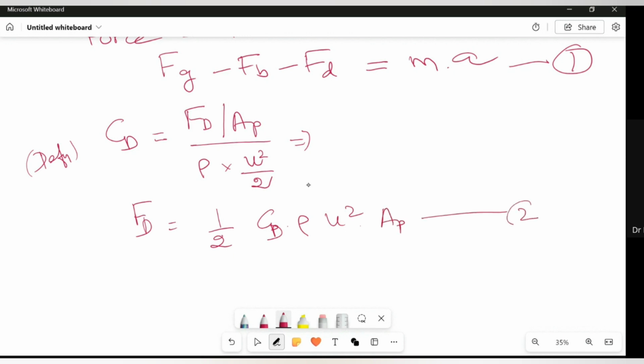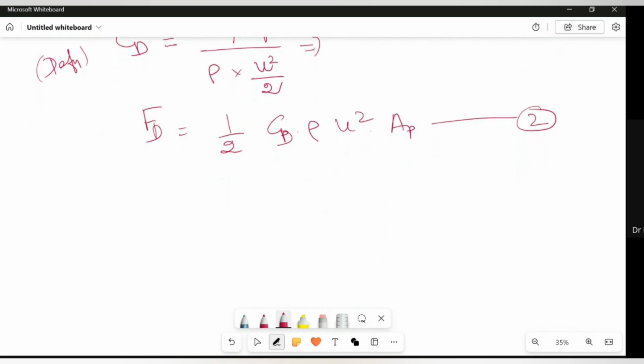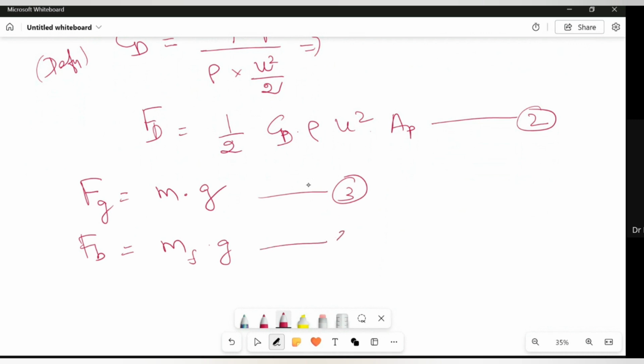Let it be equation number 2. And by definition of gravity, the gravitational force is equal to m into g. Let it be equation number 3. And what is the buoyant force? The buoyant force is equal to the mass of the fluid displaced into g. Let it be equation number 4.